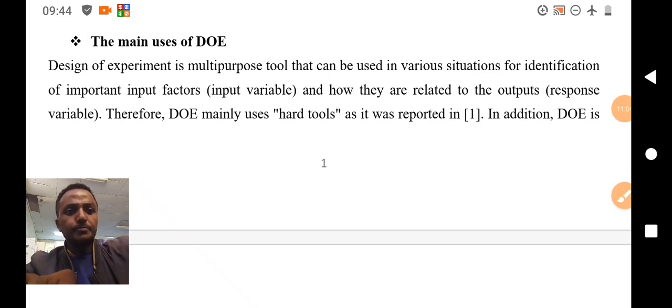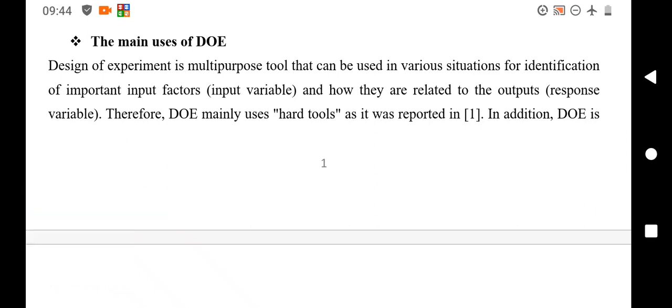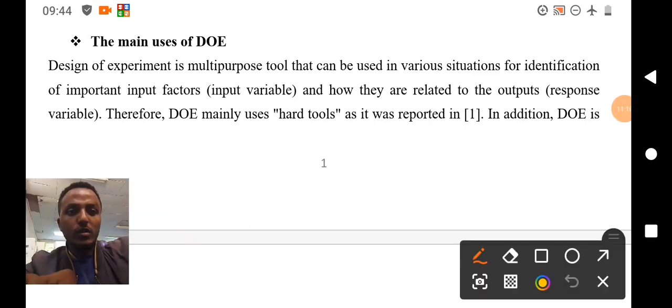So it is basically identification of important input variables or factors, and how they are related to the output factors or response variables.